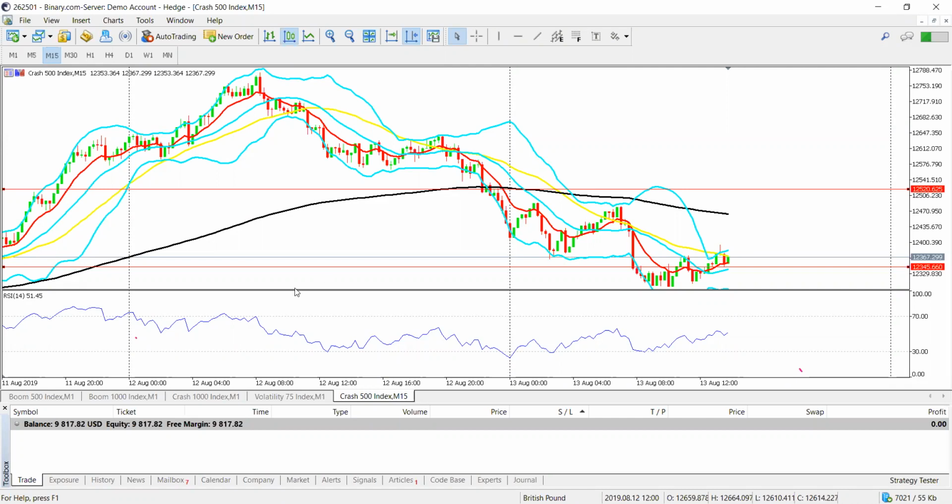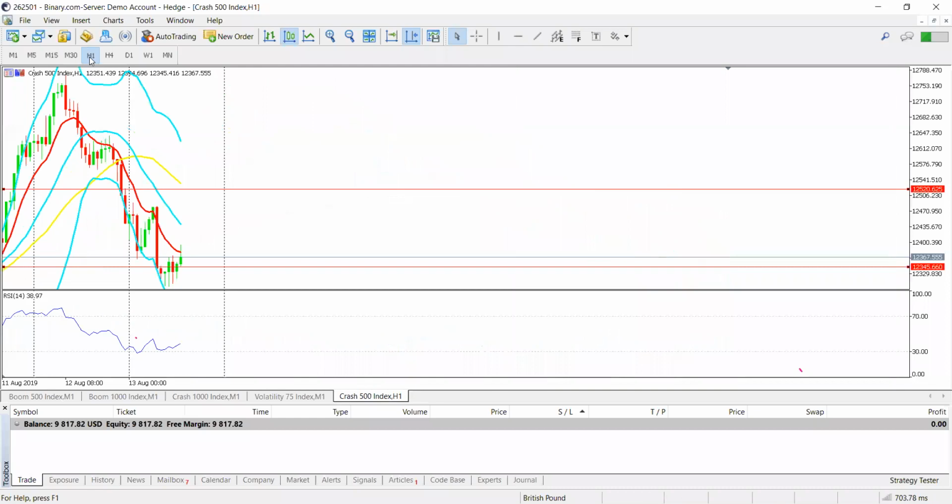Okay, and then let's move on. We didn't talk about the RSI, but I'm going to go back and talk about it. The important time frame to watch is the 1 hour, where you can check the trend. Right now we see a very nice thing happening on the Boom 500, which is trying to go up.